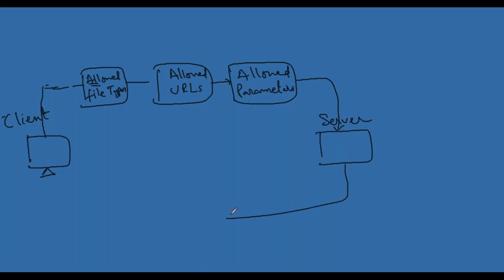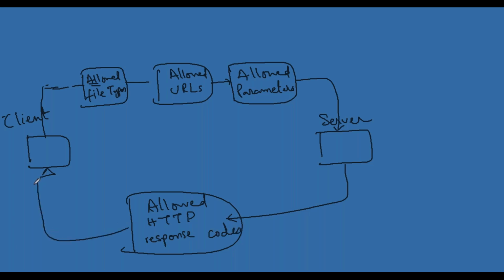And then when the server is responding back, the allowed HTTP response codes. So we must define what is actually our legitimate traffic. This approach is called the positive security model.